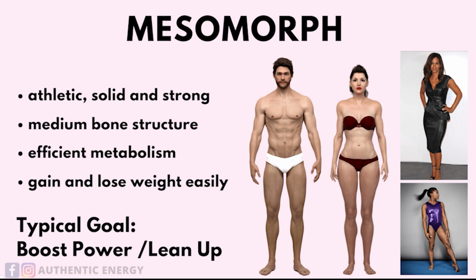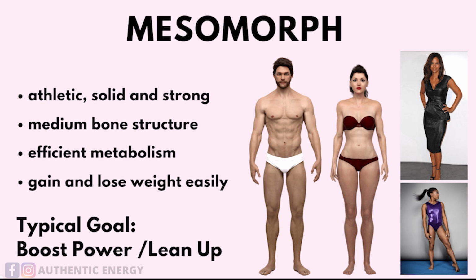This is the kind of body type that a lot of people get jealous of, right? Because they have a very efficient metabolism, it's very easy for them to achieve a good balance of body fat and lean muscle.